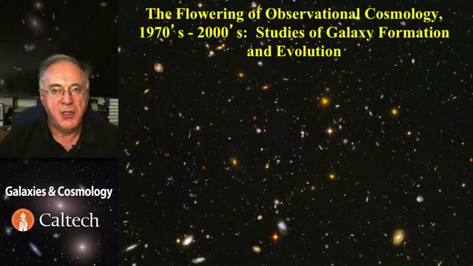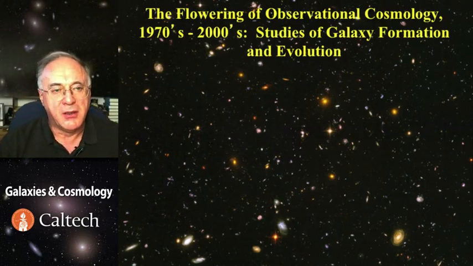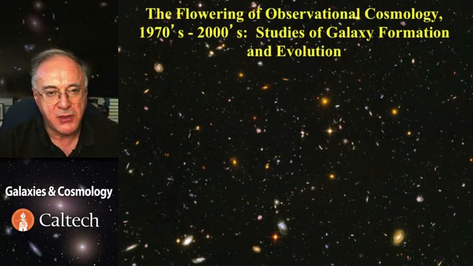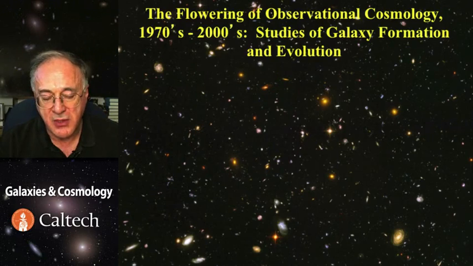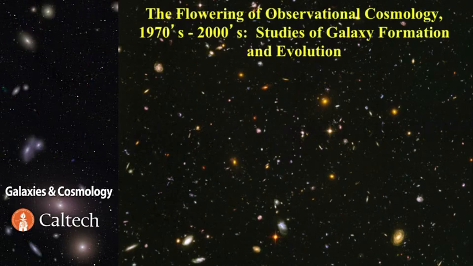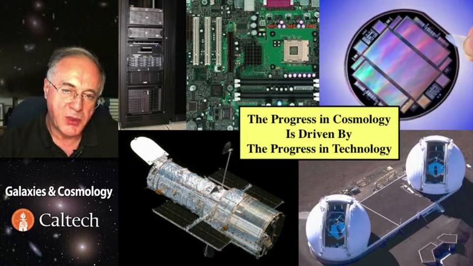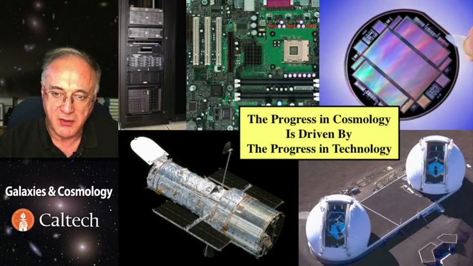Observational cosmology really started blossoming from the 1970s onward, thanks largely to the development of many new technologies, both from the ground and space. This is a picture from the Hubble Space Telescope, one of the deep fields that Hubble has studied with many, many distant galaxies. But it's important to point out the important role that technology plays in our development of scientific knowledge.